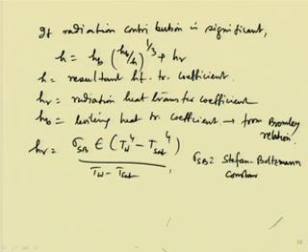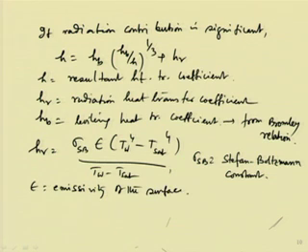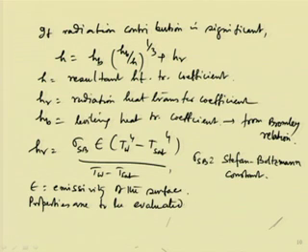Okay. Fine. And epsilon is called emissivity of the surface. Fine. And properties are to be evaluated at Tf.